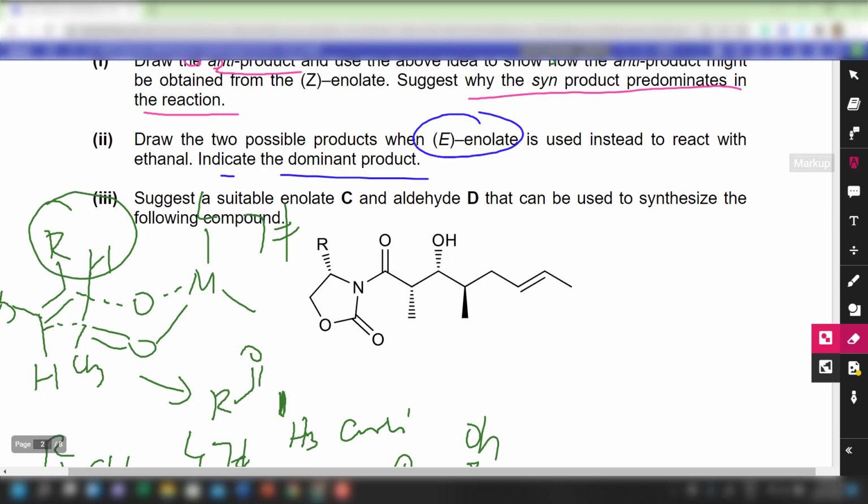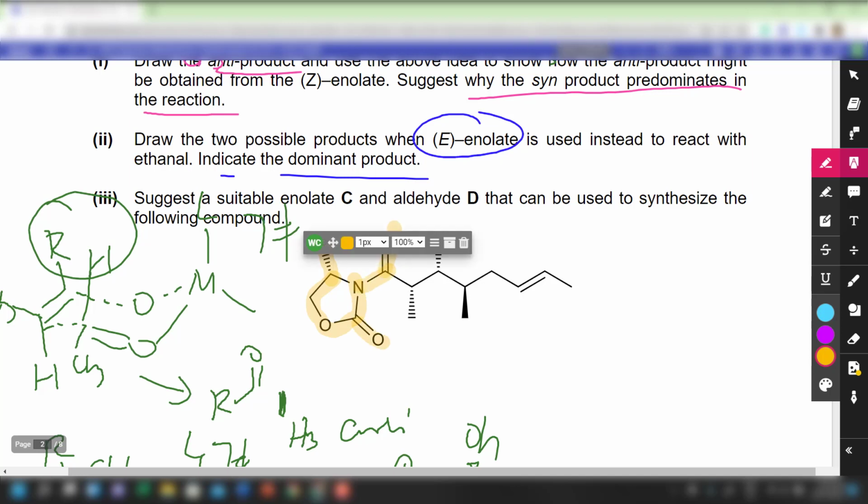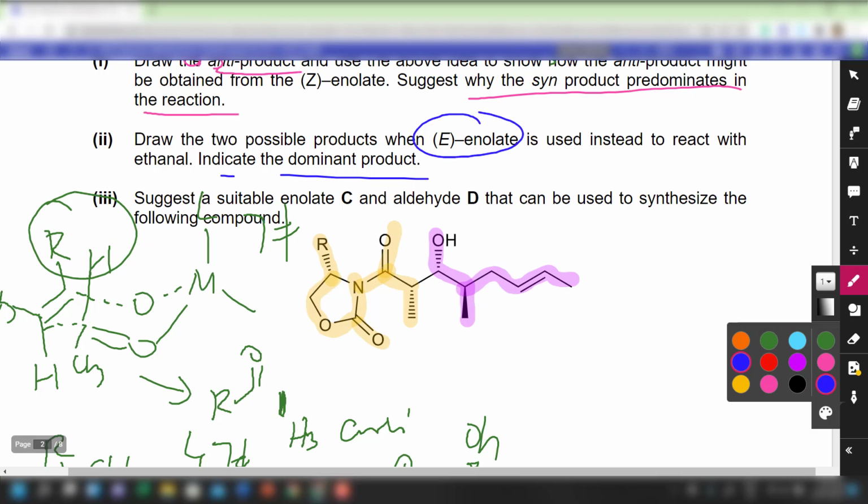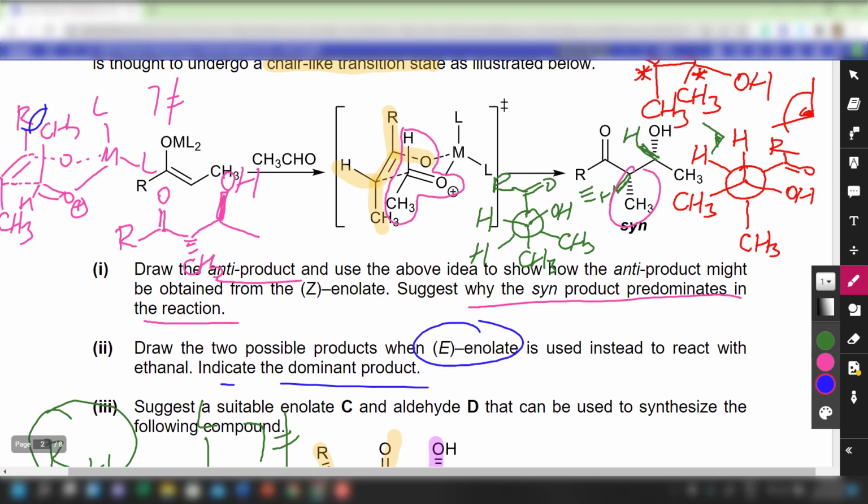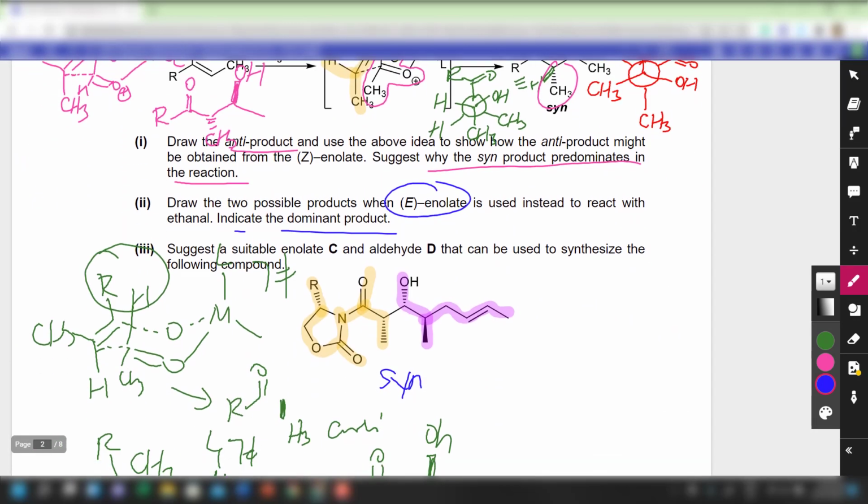The two likely candidates will be something like this over here. So this is the carbonyl, likely to be like this, and the other portion is likely to be over here. And then notice that this is syn. From what we have earlier on, this is actually the syn product, right?